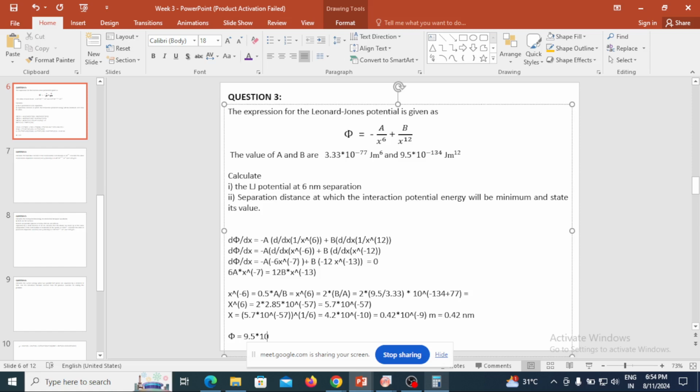So 9.5 into 10 to the power minus 134 divided by 4.2 into 10 to the power minus 10, whole power 12, minus 3.33 into 10 to the power minus 7 divided by 4.2 into 10 to the power minus 10, whole power 6.